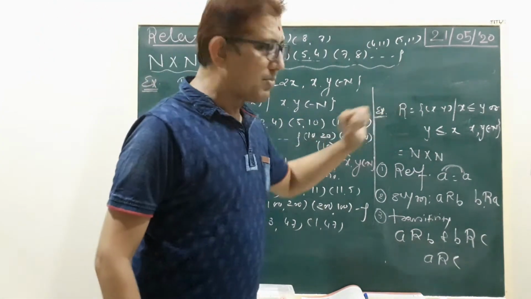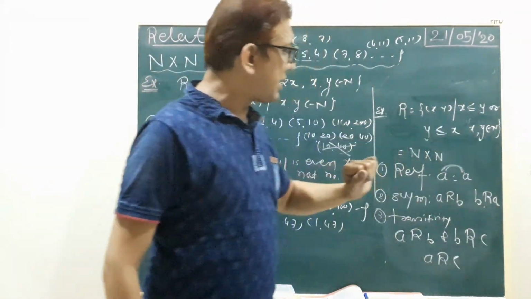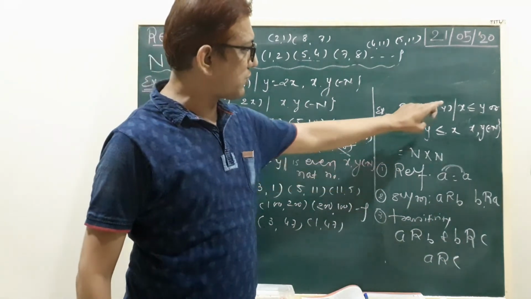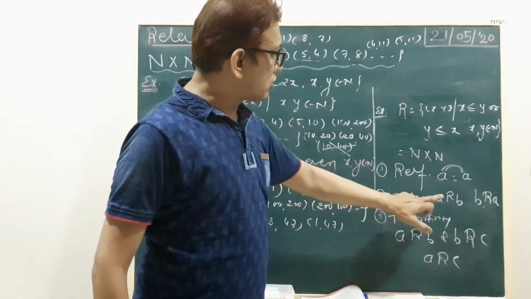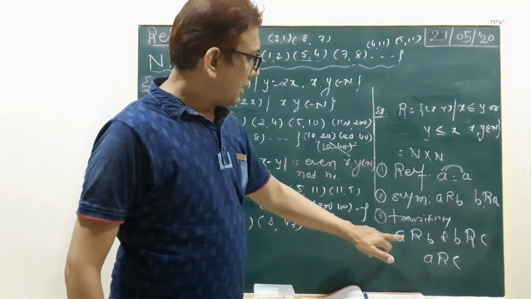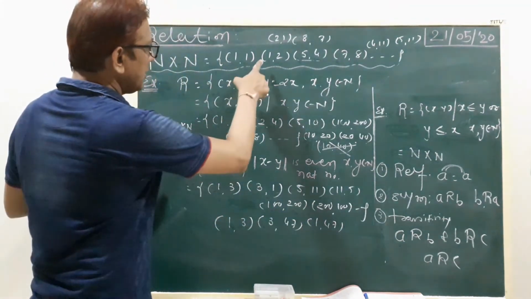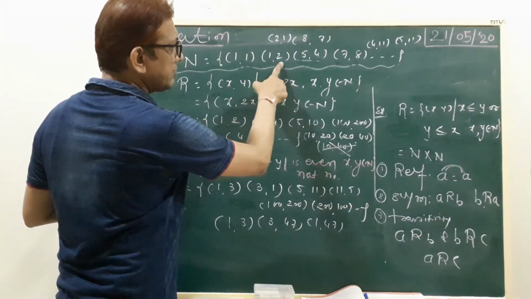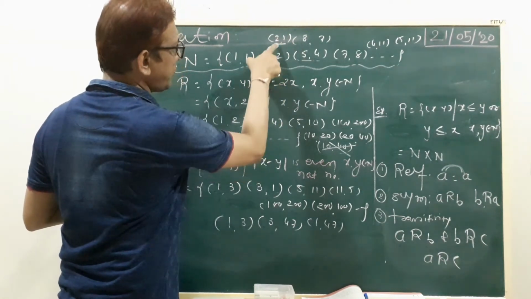Now in the third example, the relation is the set of x, y such that x is less than y. Here reflexive is possible because 1 1, 2 2 are also possible. Symmetric is also possible because 1 2 is possible, and 2 1 is also possible. And the third property, transitivity. Here 1 2 is possible, 2 1 is also possible.